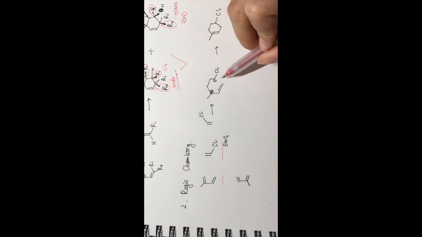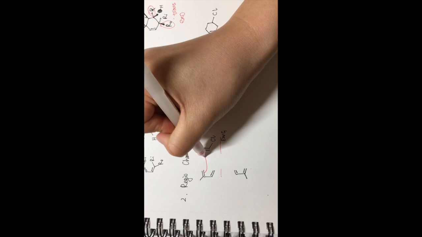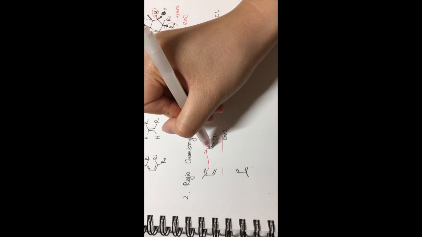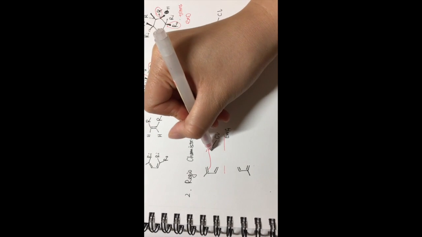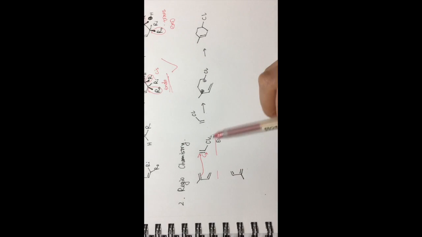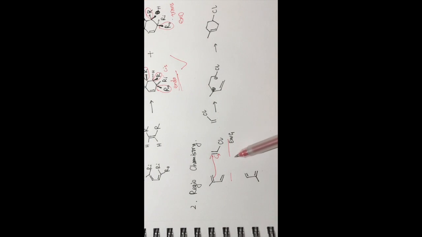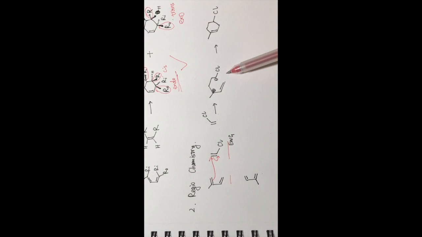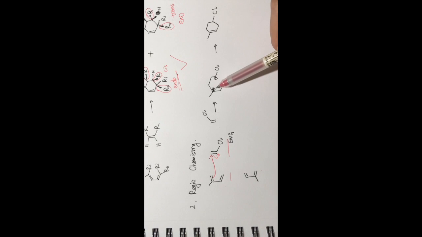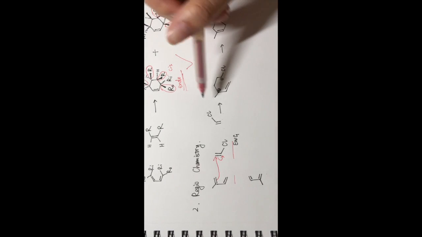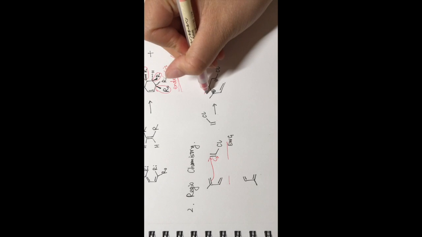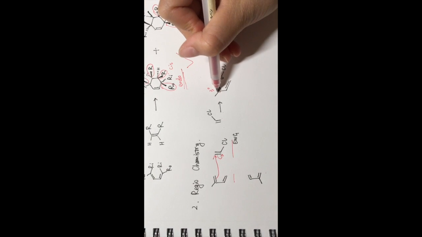Here you need to draw out the imaginary intermediate like this. If you use those two compounds to react together, you would get this imaginary intermediate. As you can see, there would be a tertiary carbon cation here.